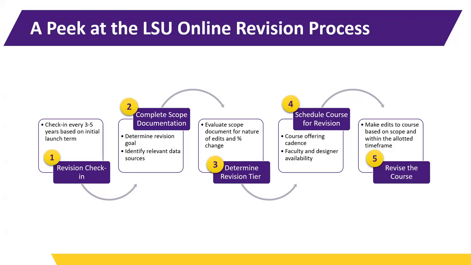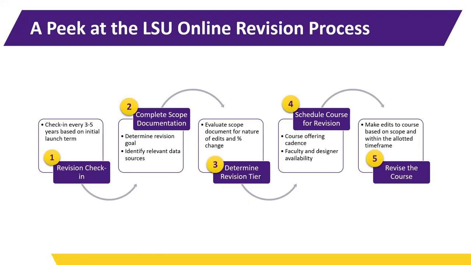When we evaluate a scope document, we want to look at all the different edits made. There could be some things within these different tiers that is in this document that will be shared. We look at that holistically to understand what percent of the course is likely being changed here. And you can see also that the percent of change for us is related to how much time it's going to take in general to revise the course.